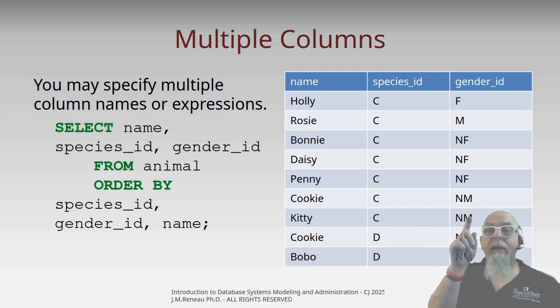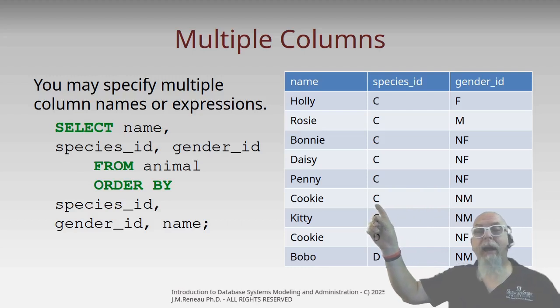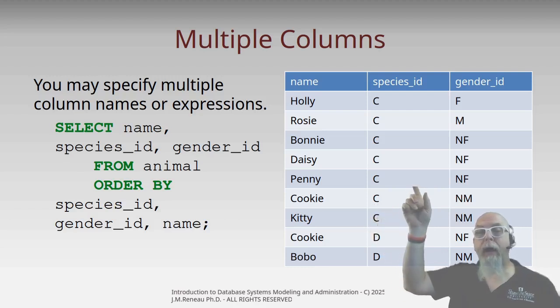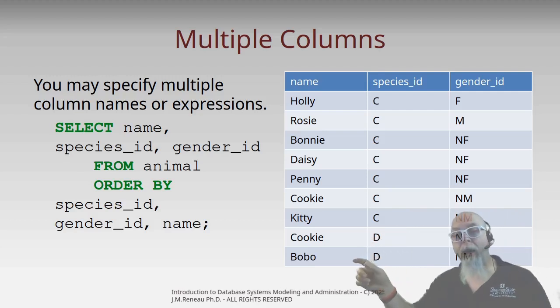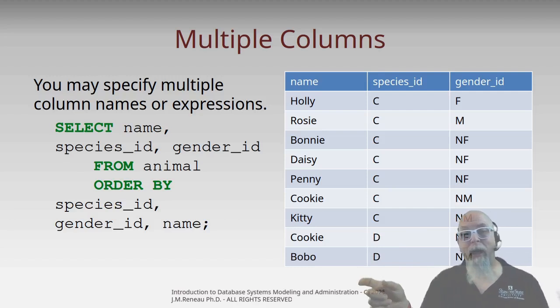Then within the cats, the gender ID is sorted, and of the three neutered females, their names are in alphabetical order. So it sorts by the first column, then the second column within the first, and then the third column within the second. It does a nice job sorting on multiple columns, as you can see in the SQL statement.